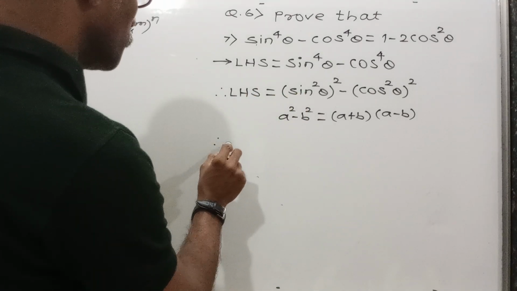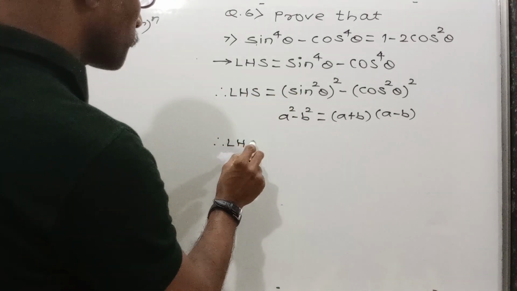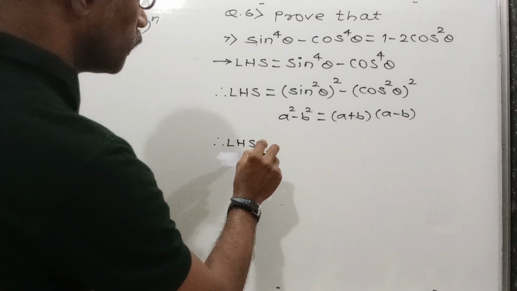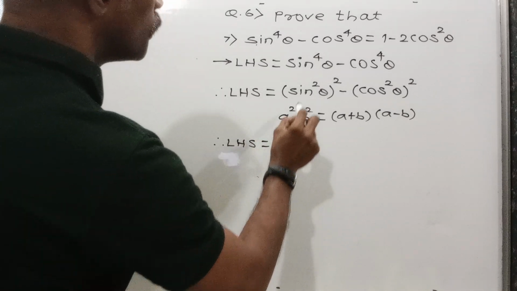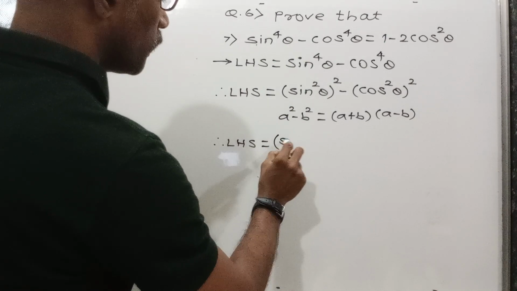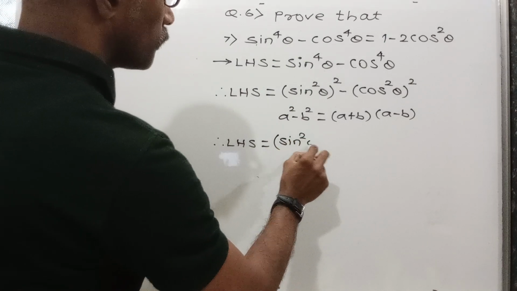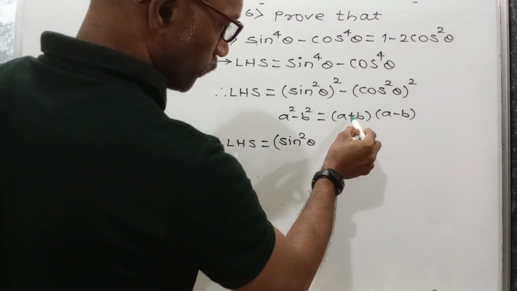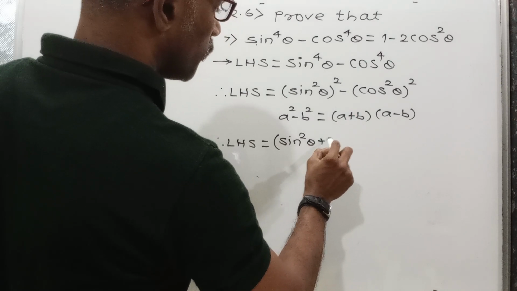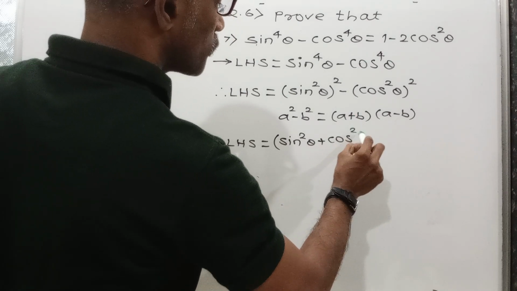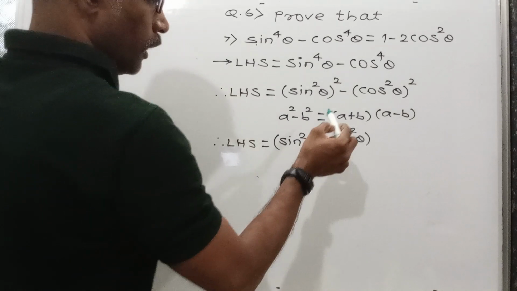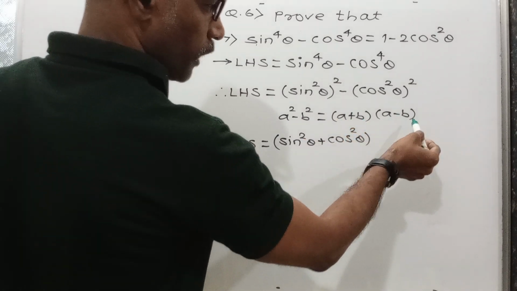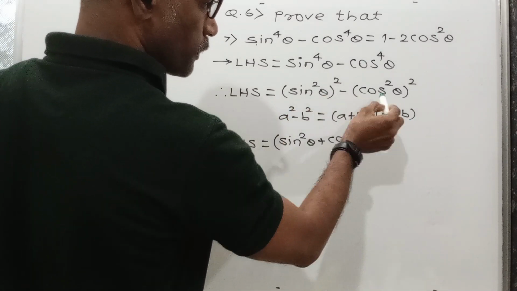So see this, LHS is equal to (sin²θ + cos²θ), that is a plus b, then (a − b). Now this is our a, this is our b.